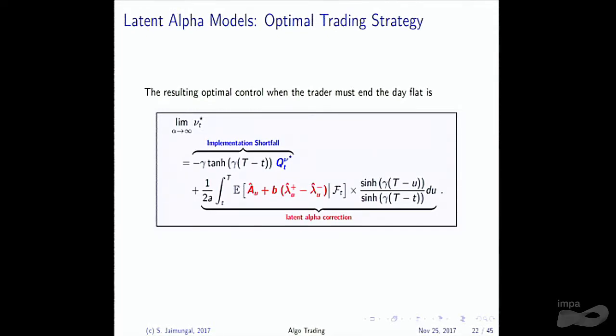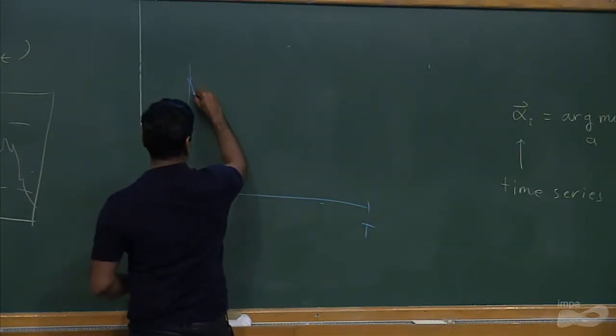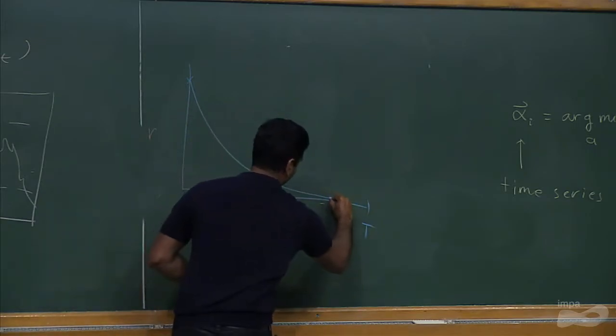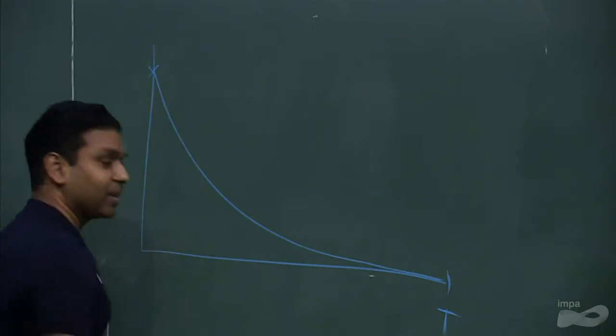It basically will take, if you have some initial inventory, and if you only trade it according to this rule, your inventory will come down to zero in a sort of a nice concave manner. It'll do this. That's capital T. If this is your inventory, it'll just smoothly go down to zero, like that. That's what that first term would do.